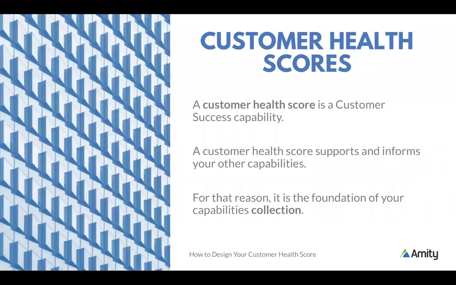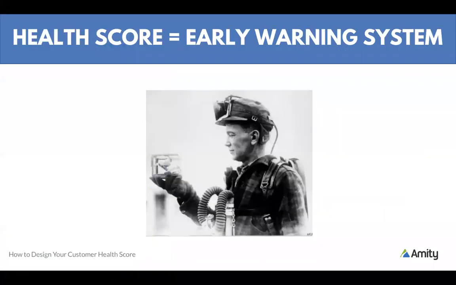Okay, so customer health score is a core capability of any customer success organization, and it supports and informs and drives other capabilities, and for that reason, it's foundational. That slide says what I just said.